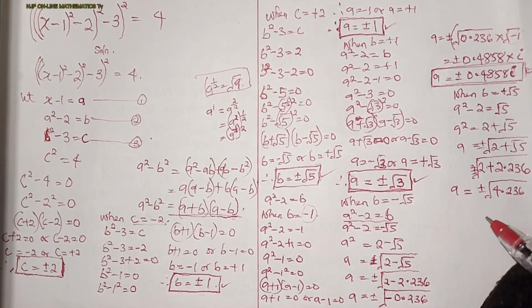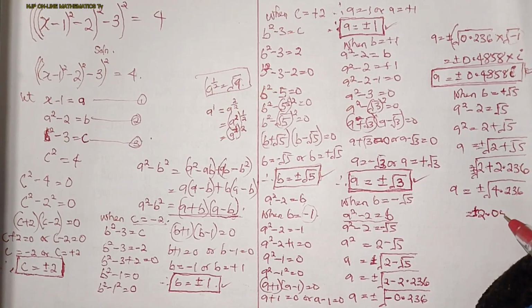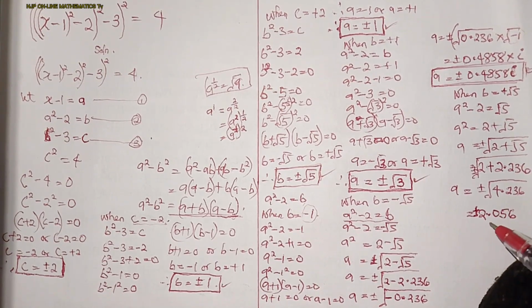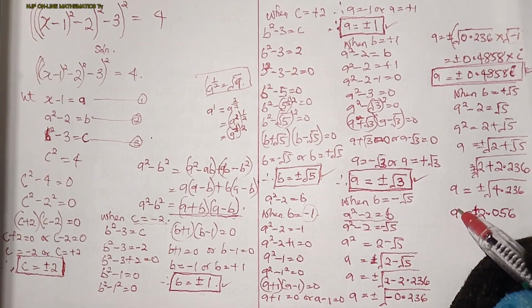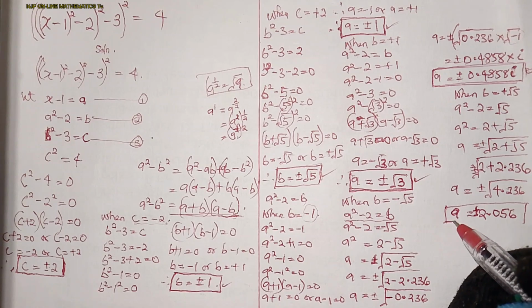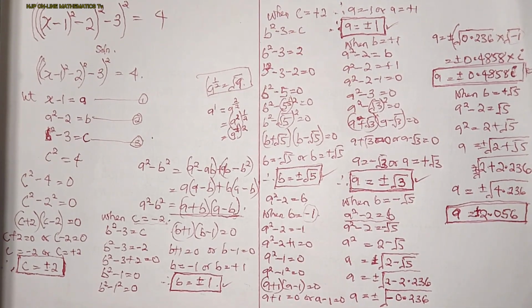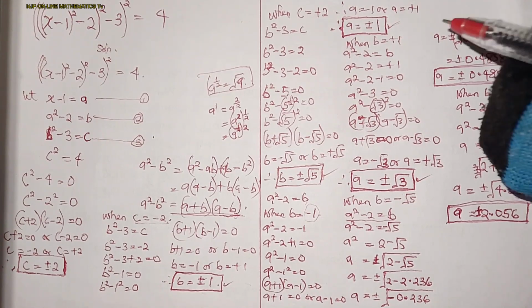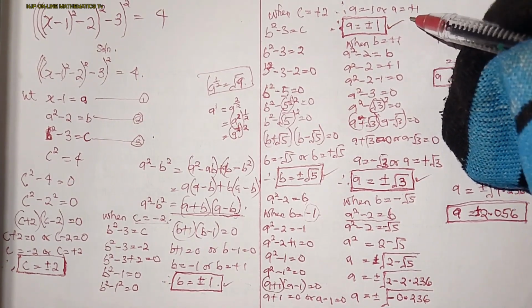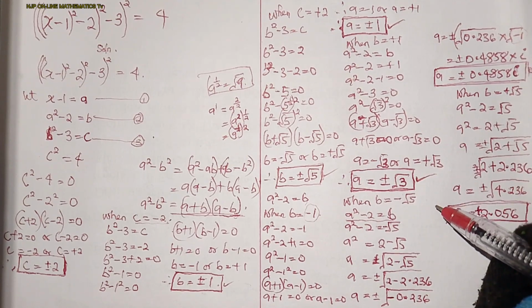So we have to find the square root, and if we find the square root, we are having two points, positive or negative 2.056 as the value of A. We have now obtained another value of A in the equation. Now we have obtained 4 values of A. The first is when A is positive or negative 1. The second is when A equals positive or negative root 3.